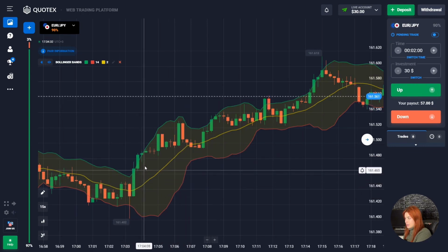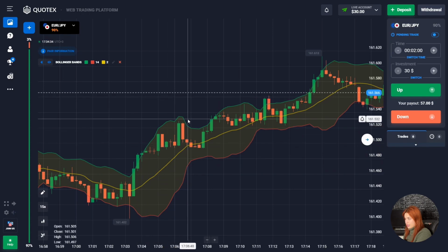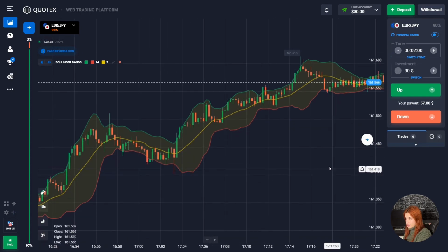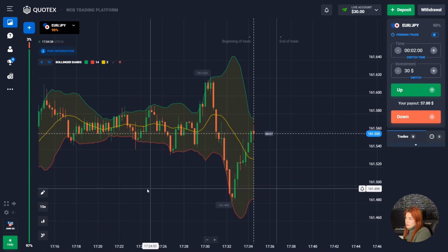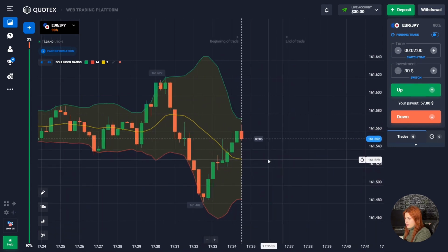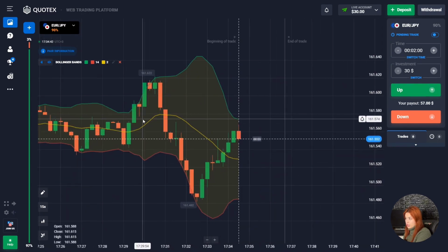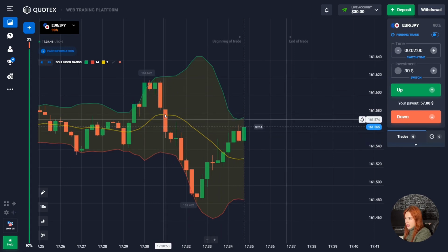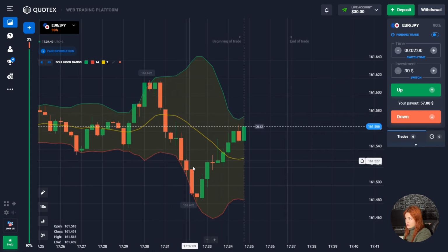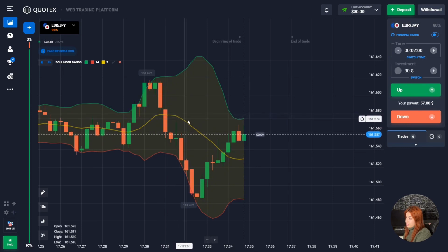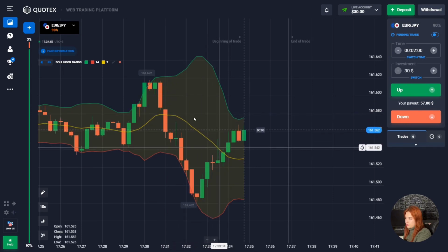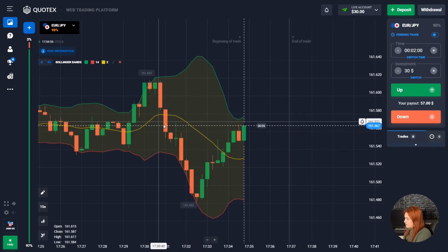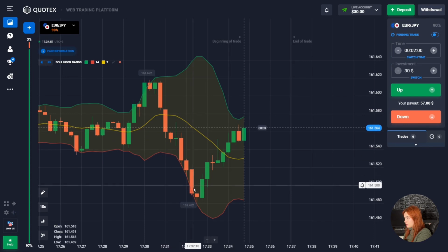I can see a breakdown of the moving average from top to bottom here, for example. As you can see, the price, having broken through the moving average from top to bottom, began to move in the lower zone of the price channel, and the moving average here acts as a resistance level. That is, on such a breakdown of the moving average, it was possible to open a deal to go down.